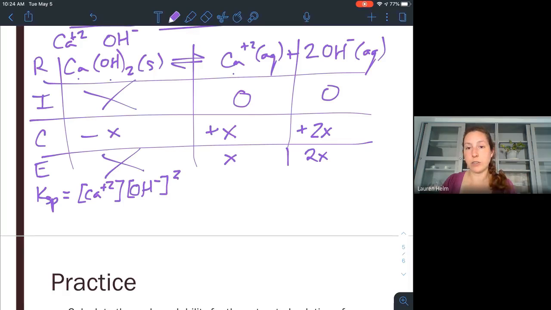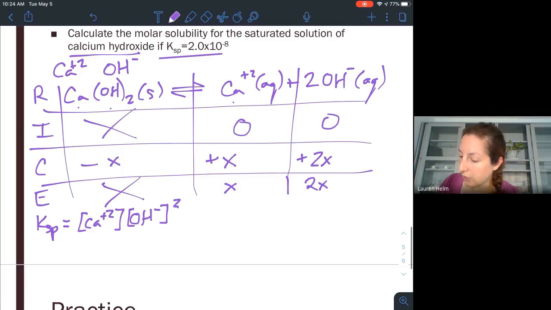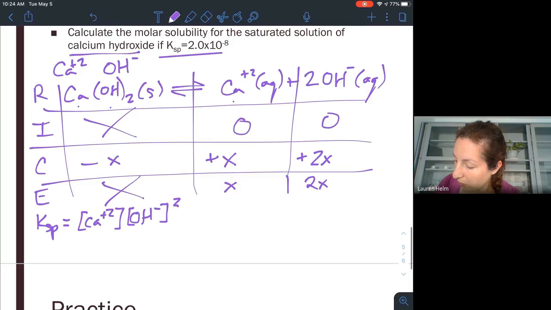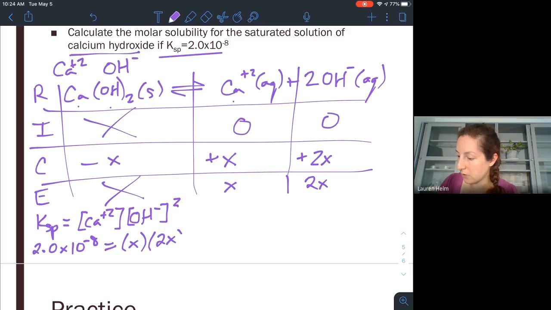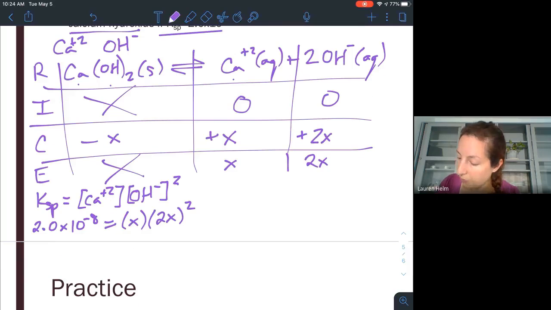We know the value of Ksp, that is 2.0 times 10 to the negative 8 is equal to, and we can plug in x for calcium and 2x squared for hydroxide, and we can start solving for x.